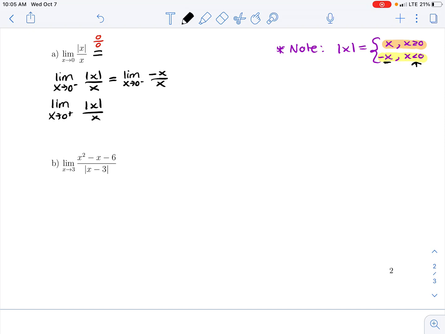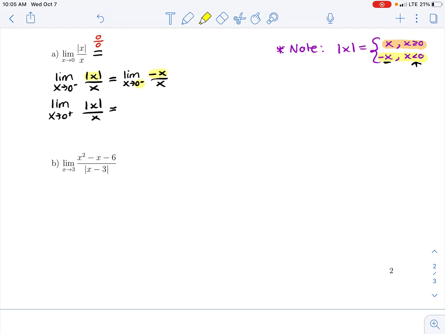Okay, so instead of having the absolute value there, since I'm considering the limit from the left of 0, I want to be using that negative x. Okay. Now if I'm considering the limit from the right of 0, that's why I got the limit as x approaches 0 from the left.